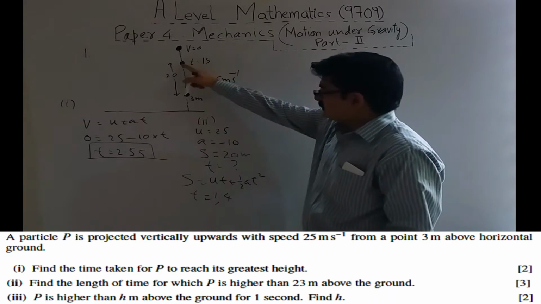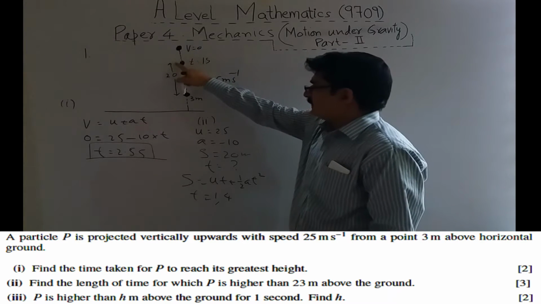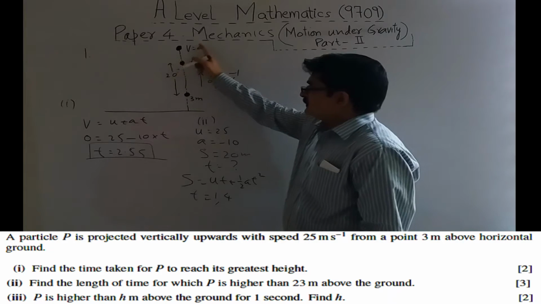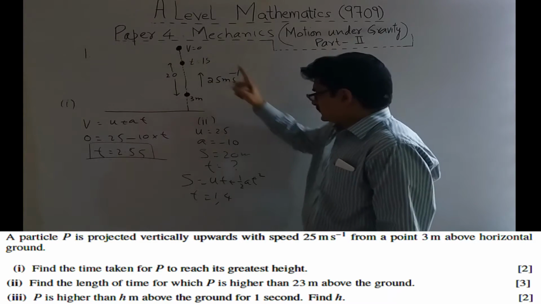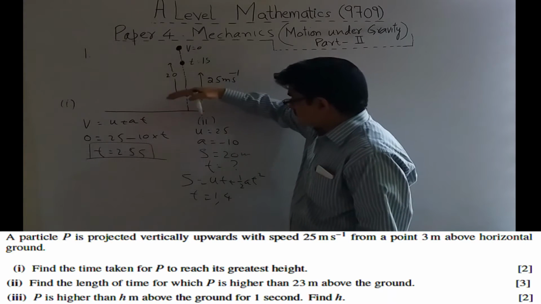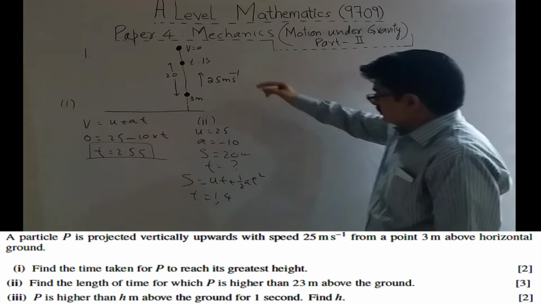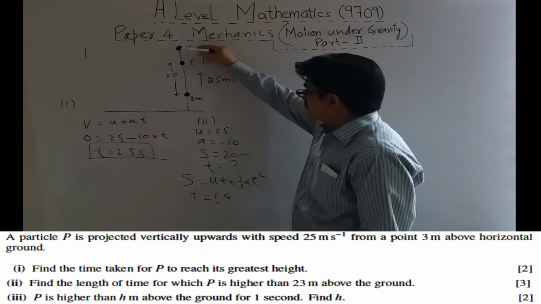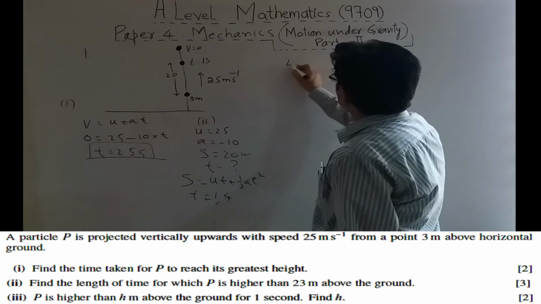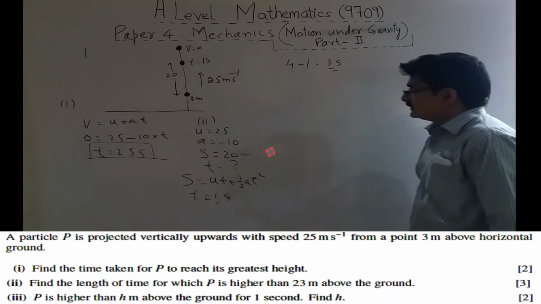From this point it goes to the highest point and comes back again to this point. When during downward motion it reaches this point, the time from the start becomes 4 seconds. So from here it goes up and comes down in how much time? This is 4 minus 1, so 4 minus 1 is 3 seconds. So this is the answer to this part.